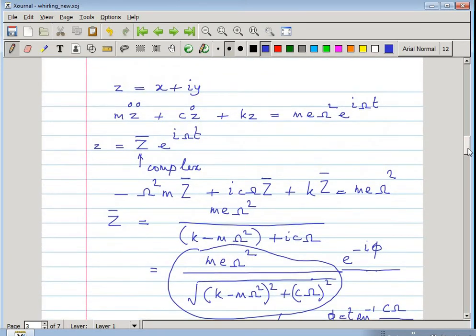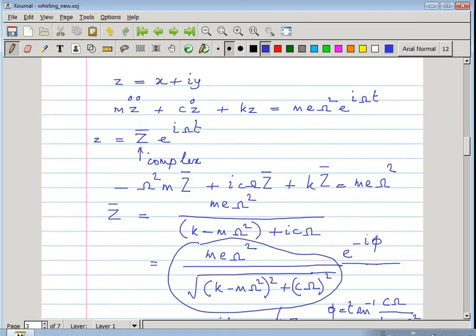So here small z is capital Z into cos omega t plus i sin omega t.